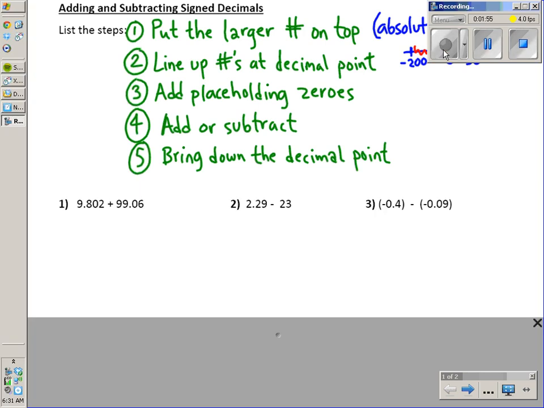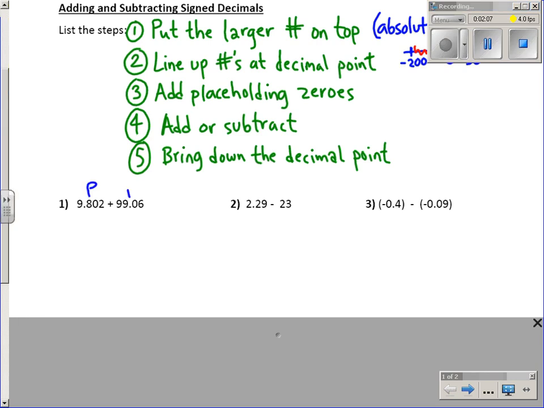Okay, so the first problem has us adding 9.802 and 99.06. We can see that these are both positive numbers. So when the signs are the same, we take the sum. So we want to put the larger number on top, which is 99 and 600ths. Then we line it up by the decimal point.